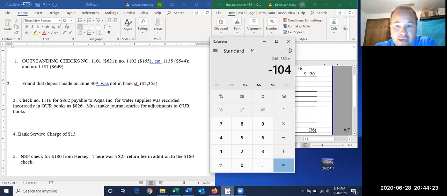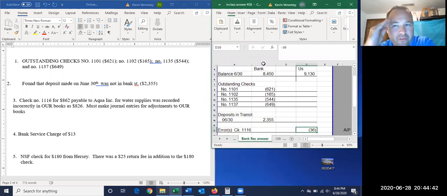Because we only wrote it for $826. So if I pull up the calculator, we took away $826, but we really needed to take away $862. The difference there is $36 that I need to take away some more out of my cash T account to get me up to that $862.